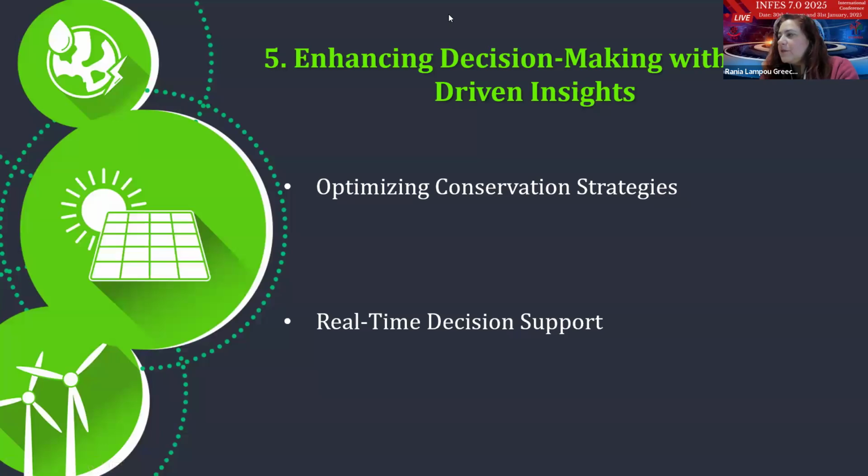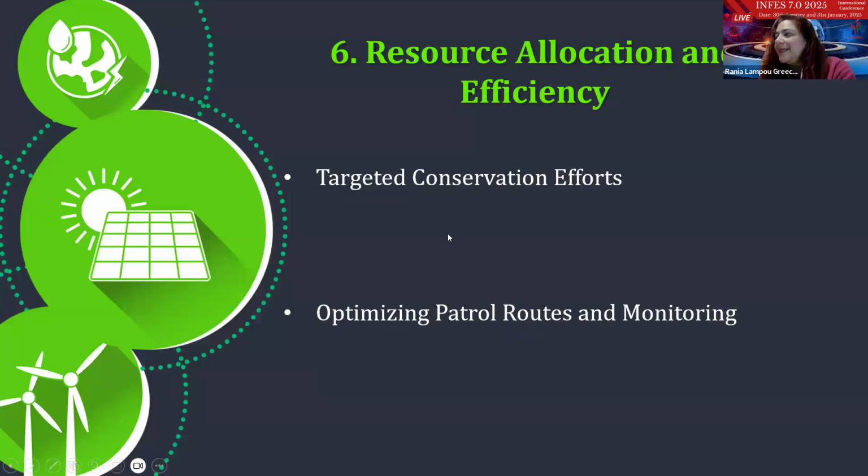And of course, this enhances decision-making because it optimizes conservation strategies, and it's about real-time decision support. About resource allocation now, big data helps conservationists allocate resources more efficiently by identifying priority areas for species protection.